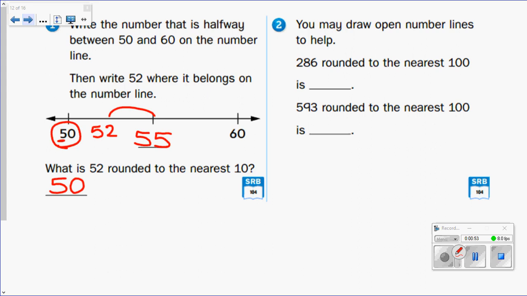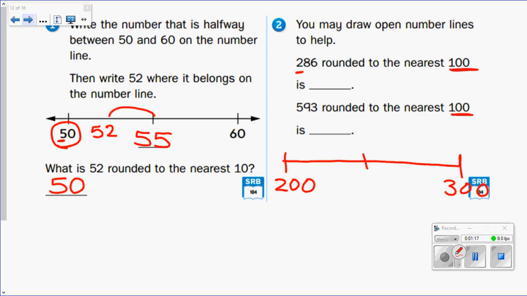All right, number 2. You may draw open number lines to help you. This time, boys and girls, we're rounding to the nearest hundred. All right, so 286. Remember, we always start with that first 100, which is 2, so it would be 200. My next 100 would be 300.